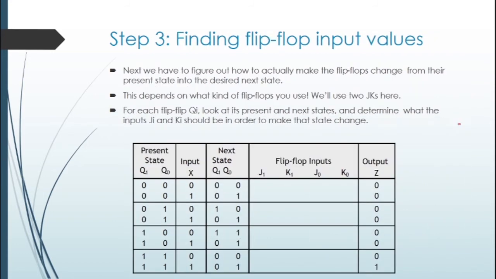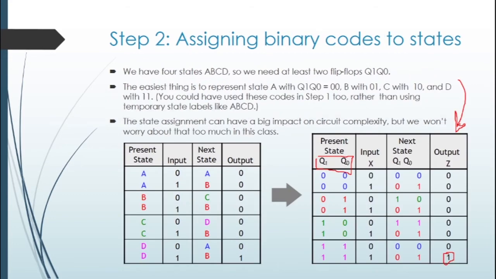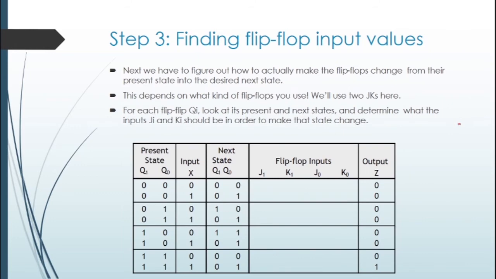Now the next thing: because we have got 2 state elements Q0 and Q1, we need 2 flip-flops, one for Q0 and one for Q1. And now the choice is yours which flip-flop you want to use. There are different options.